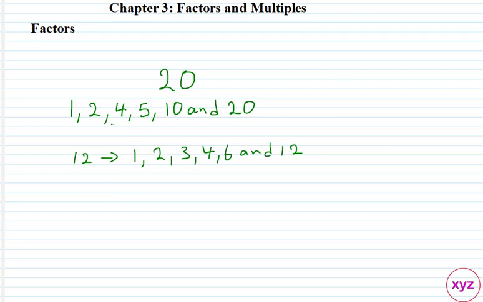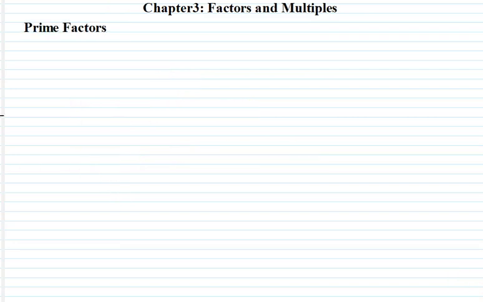Now let's look at prime factors. But before we look at prime factors, let's discuss prime numbers. What is a prime number? A prime number is a number that has two factors, which include itself and 1.